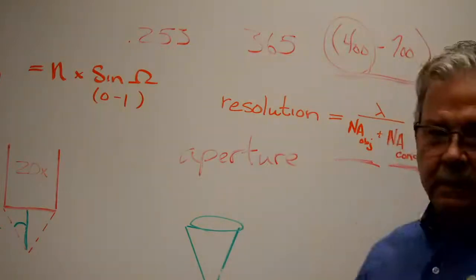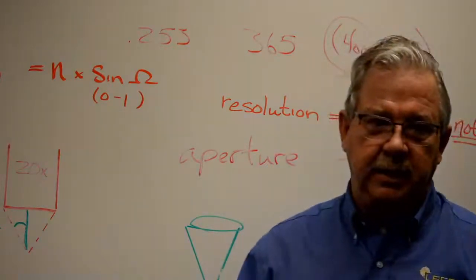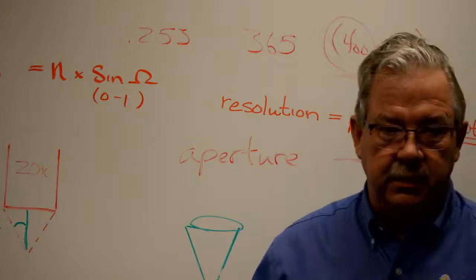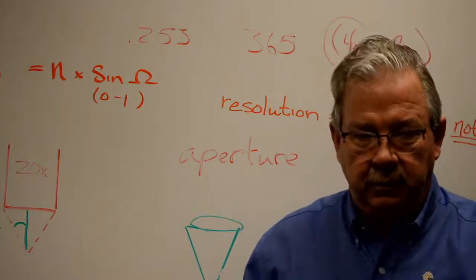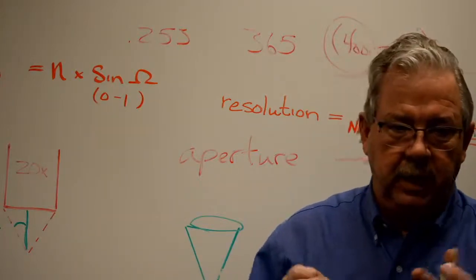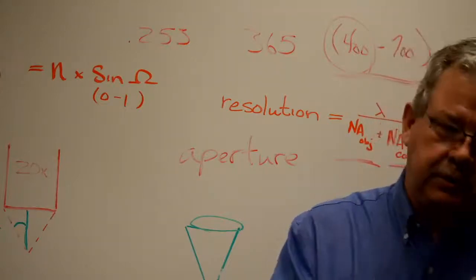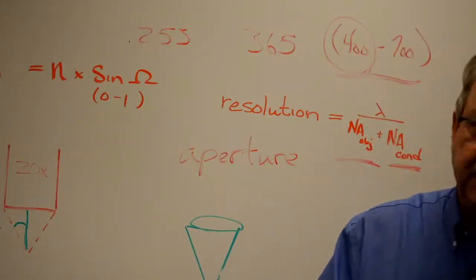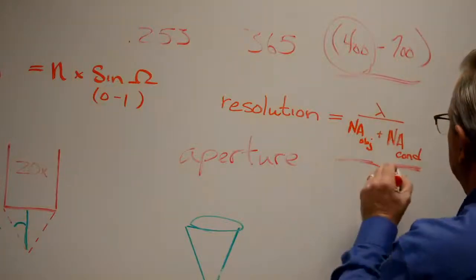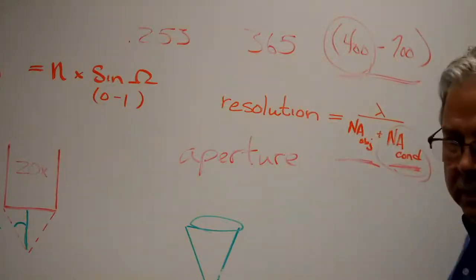Okay? That's a little diaphragm that we close underneath our condenser, and as we close it, we gain more depth and we gain more contrast. But you lose resolution. That's what this formula is telling you right here, okay?